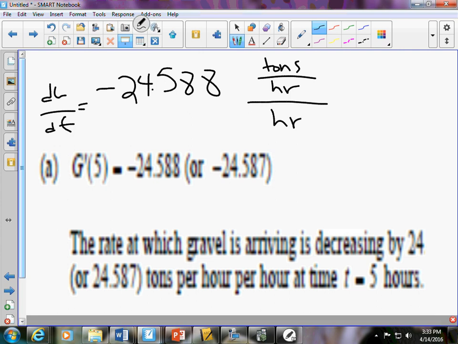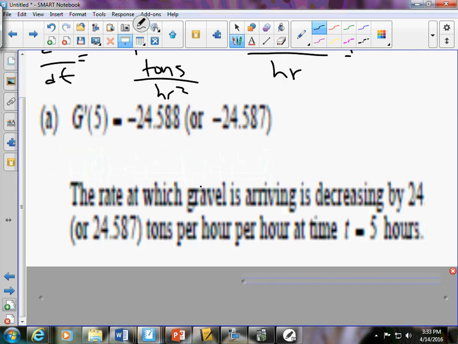So it's tons per hour squared. They said to indicate units using correct units. So our answer would be negative 24.58 tons per hour squared.